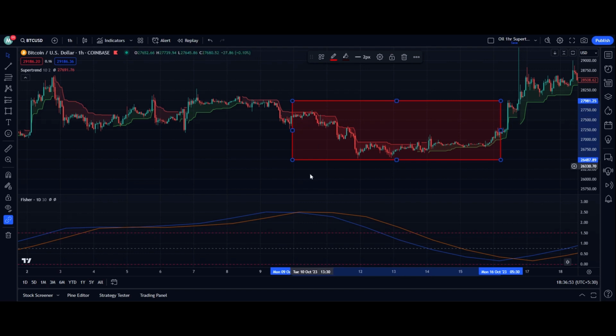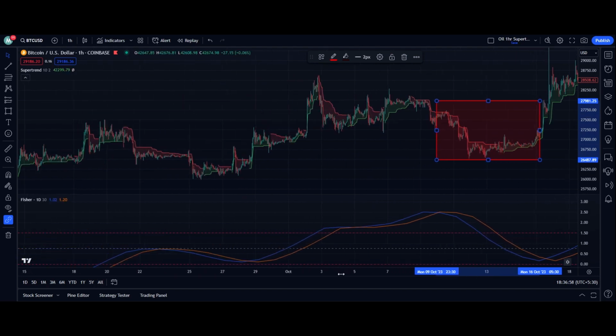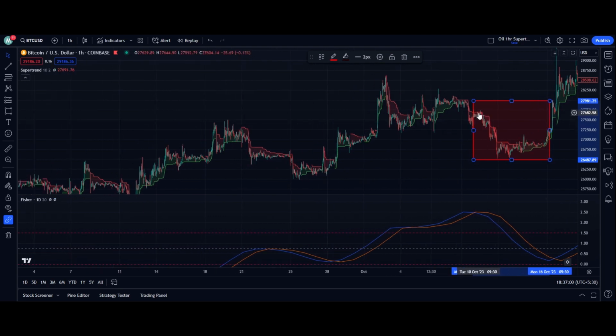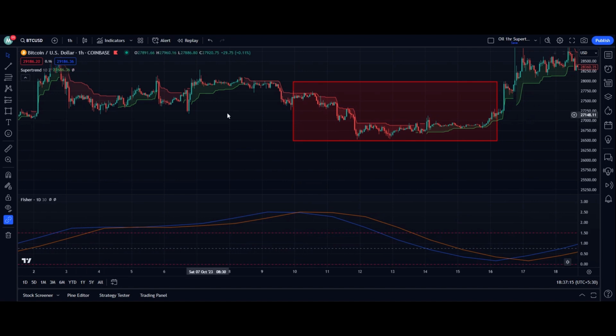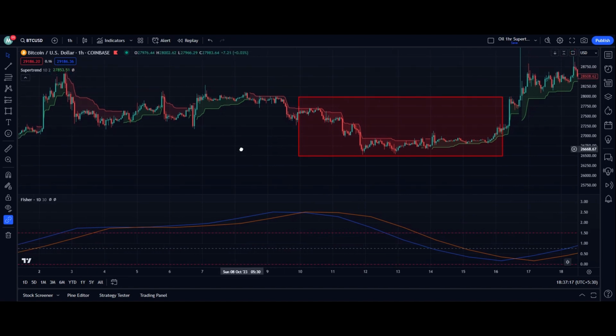So when the Fisher is at this 2.52, that value is generated through the last 30 days. This is 10th October. So from here to here, that data is affecting the value of Fisher at that point. That is what we have to understand.